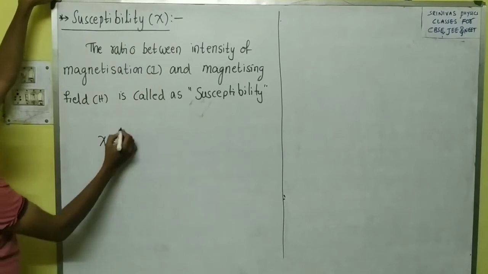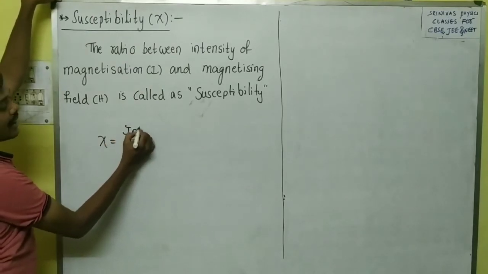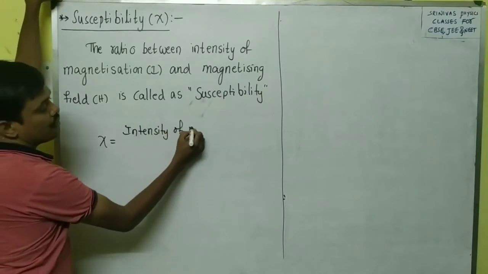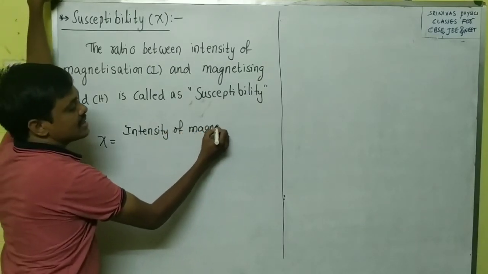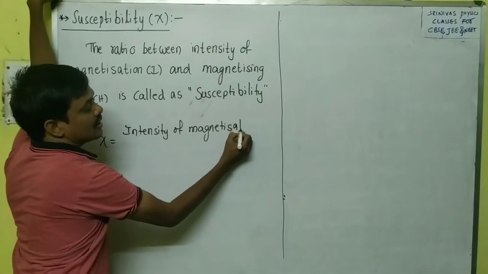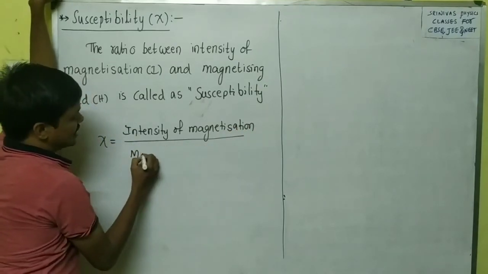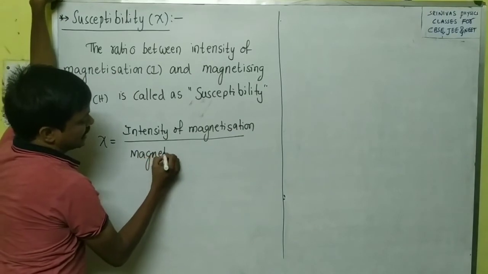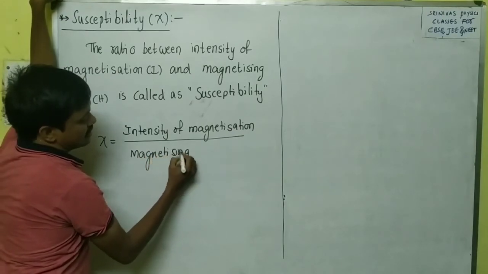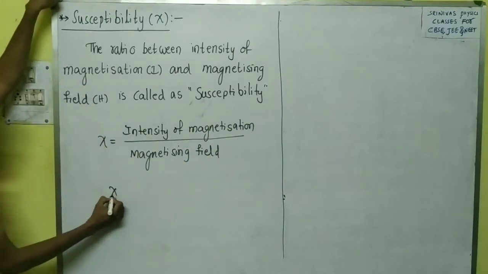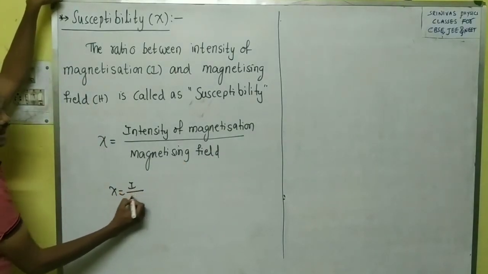The susceptibility formula is the intensity of magnetization by the magnetizing field. Psi is equal to I by H.